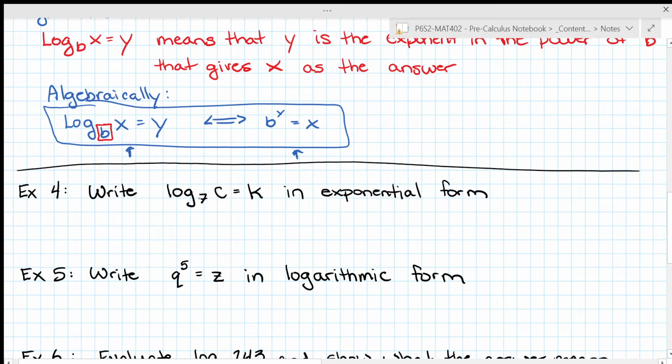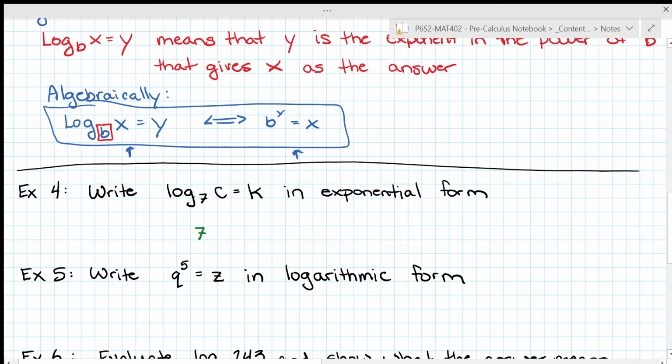Okay. So if I see this here, I have 7 as my base in this logarithmic function, the way I've written it here. If I wanted to change it to exponential form, 7 is going to be my base again. So I have log base 7 of this argument is equal to k.